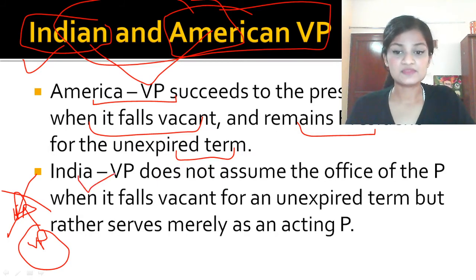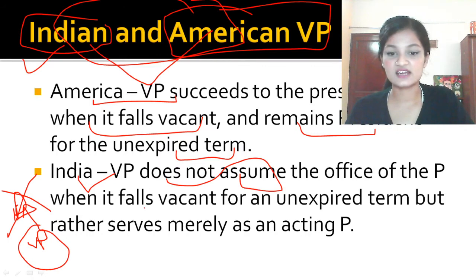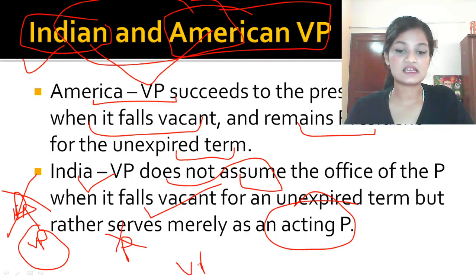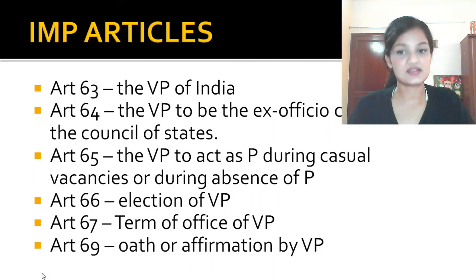In India, the vice president is not going to resume the office of the president when it falls vacant for an unexpired term, but he merely serves as an acting president. So in India, even if the president's office falls vacant, the vice president will take over, but he will not do so for an unexpired term, but merely as an acting president.